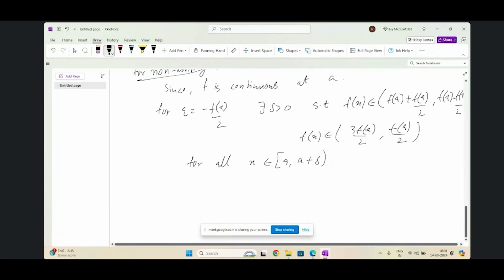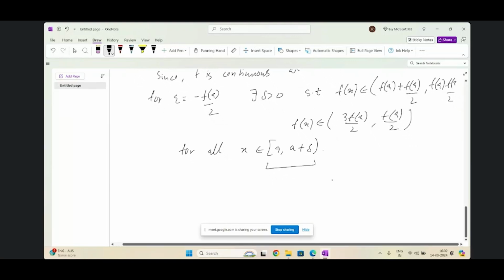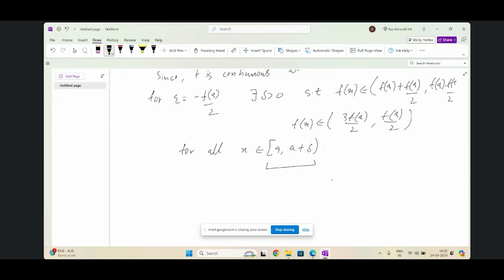So can anyone give an element of this interval a to a plus delta, except a? Yeah, a plus delta by 2.